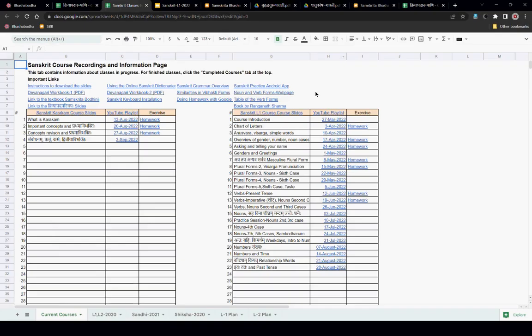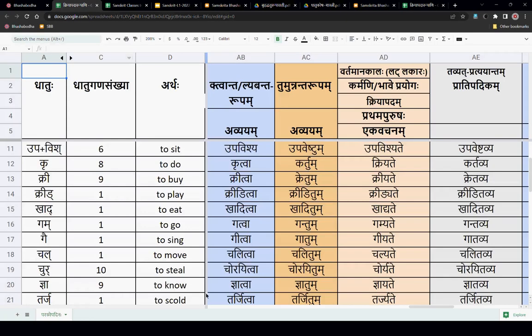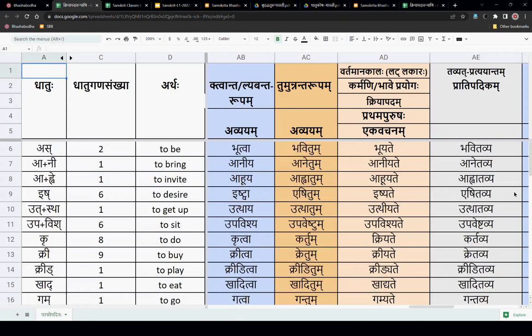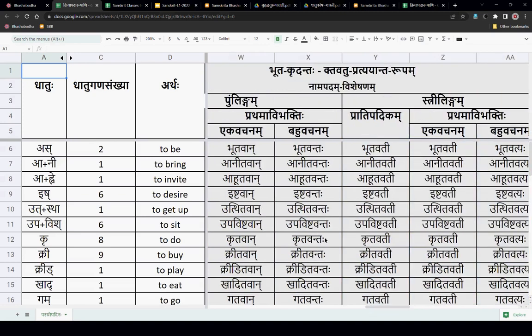If you look at the kriya padrupani here, there is asti, and if you scroll to this, this is the bhuta kridanta form of asti: Bhutavan, bhutavantah, bhutavati, bhutavatyah.